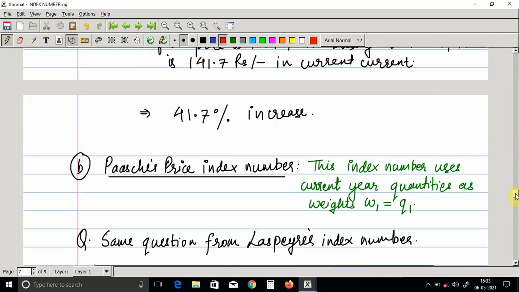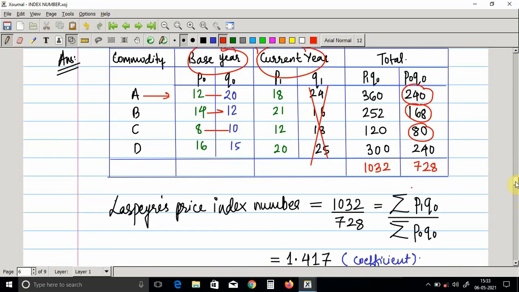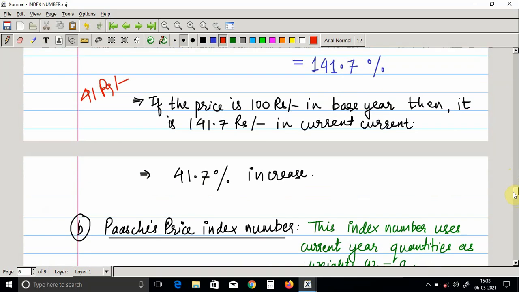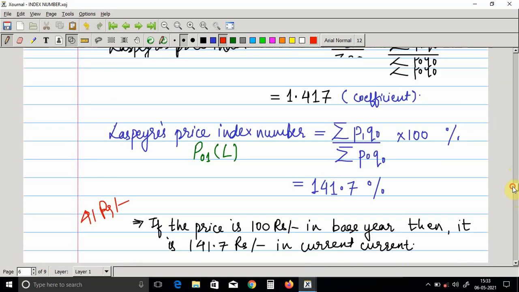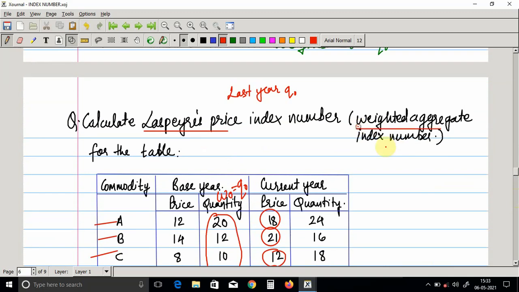Okay, we will see that cost of living in the next questions. So I hope Laspeyres price index is clear to everyone. And Laspeyres price index is a weighted aggregate index number, because here the weights are quantities.